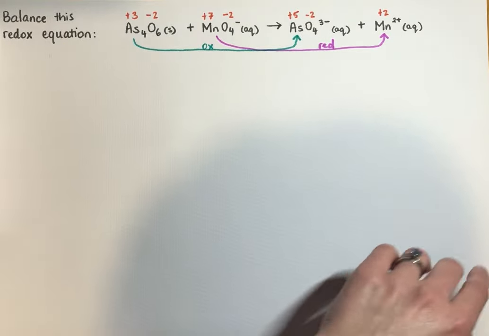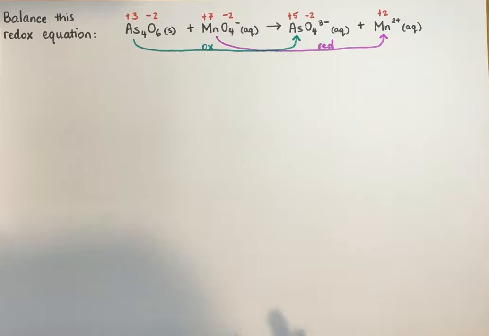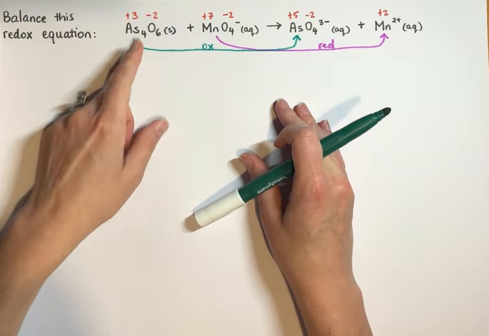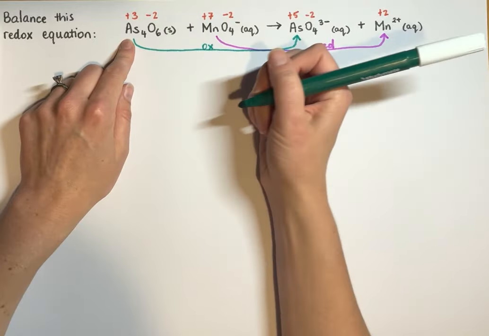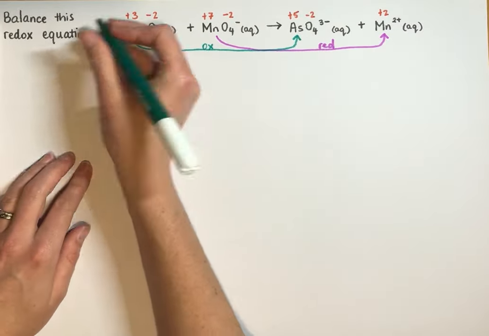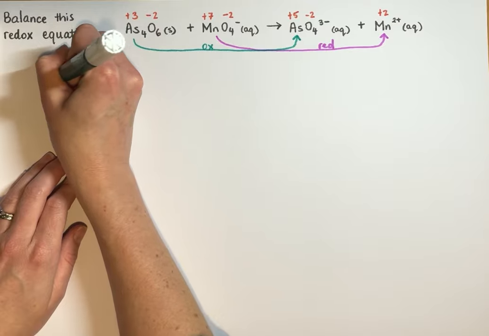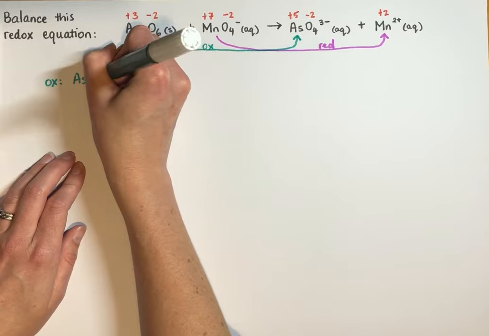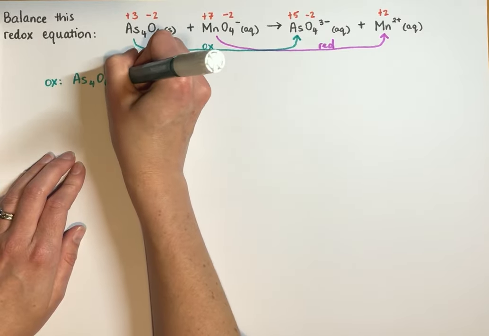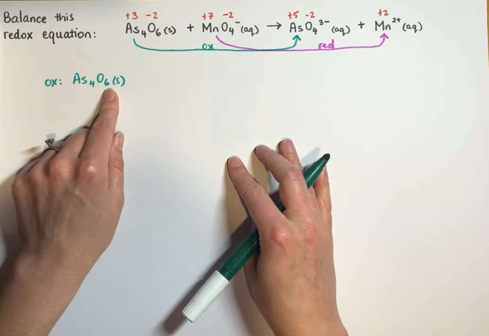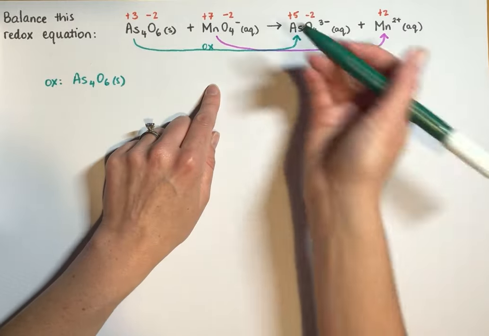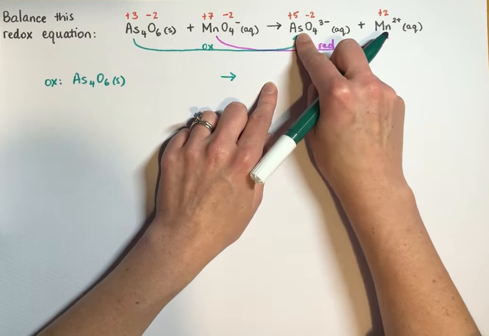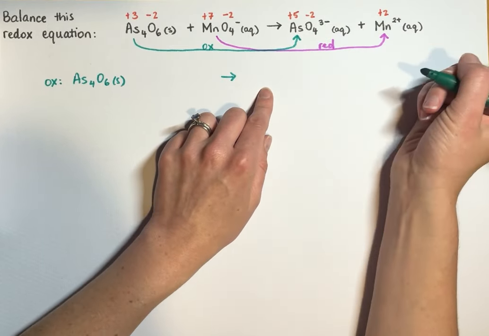So let's write our oxidation step first. We've got this one over here, so let's write this lovely arsenious oxide. Let's put a little oxidation over here. So we've got that one, and we know that we're going to make this compound over here, the arsenate.